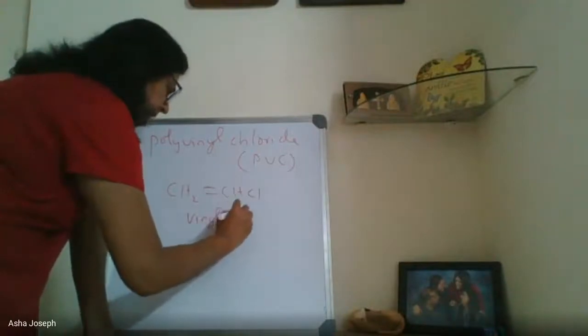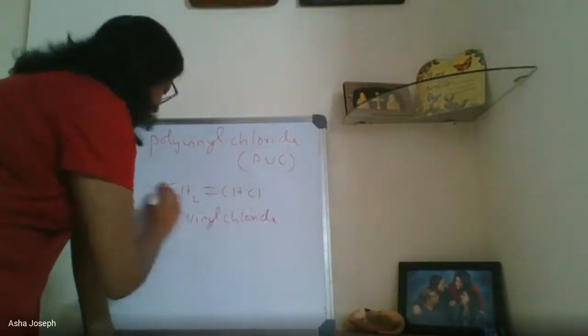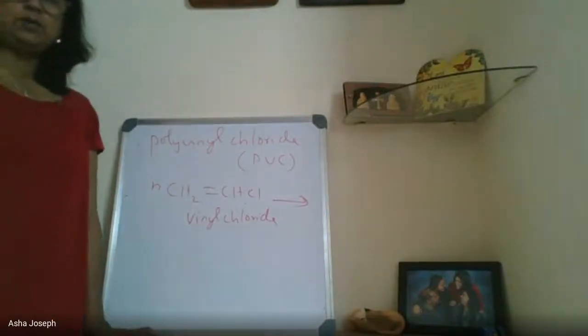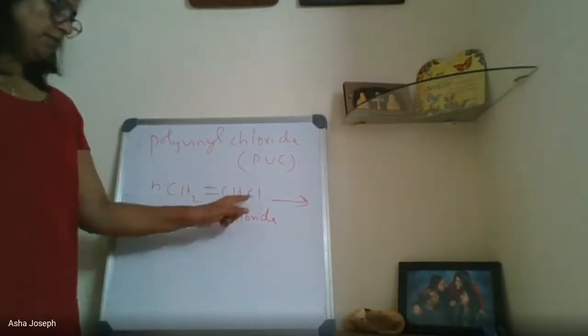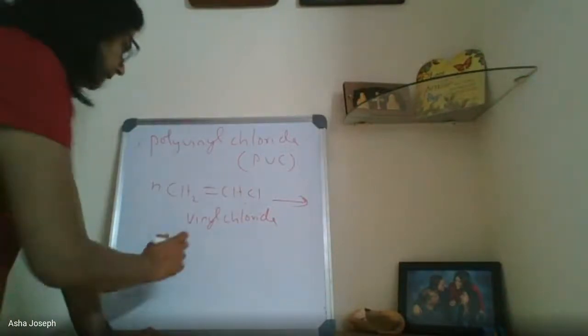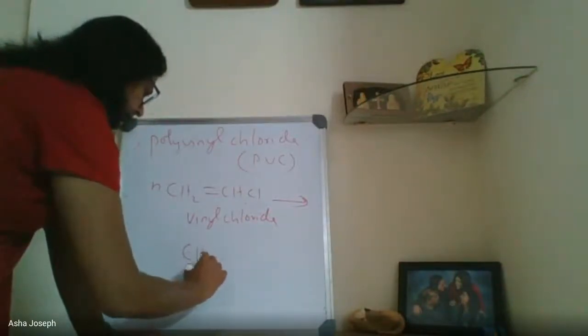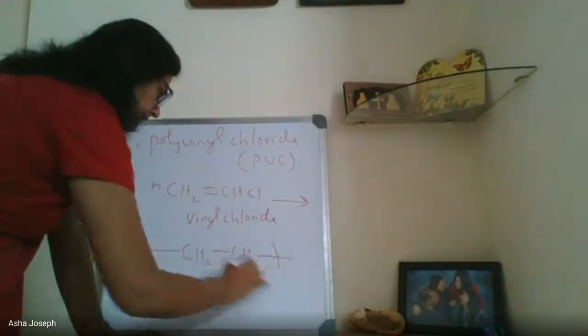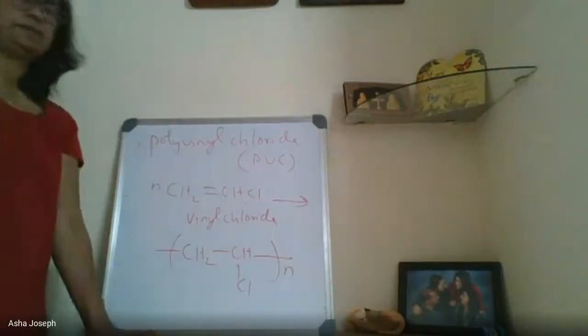Vinyl chloride. So n times this polymerizes, and as you know how to write the polymer, we will bring that Cl down, open the double bond n times, isn't it? So CH2 CH Cl n times.